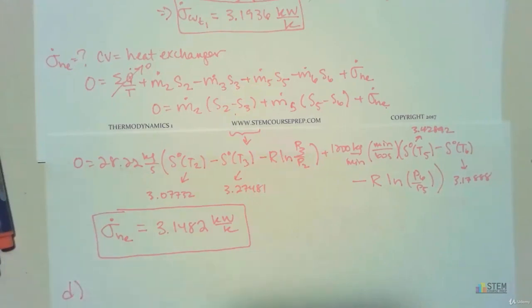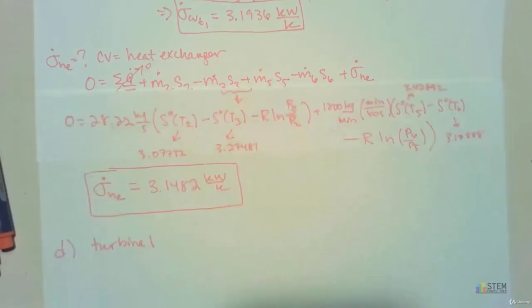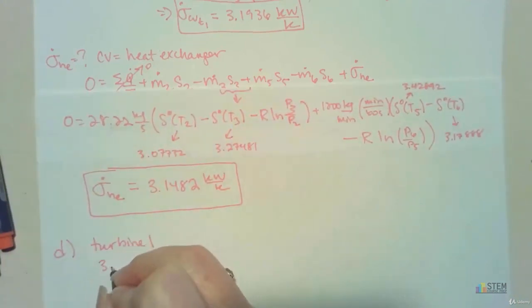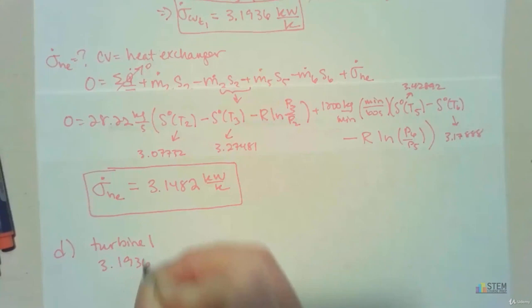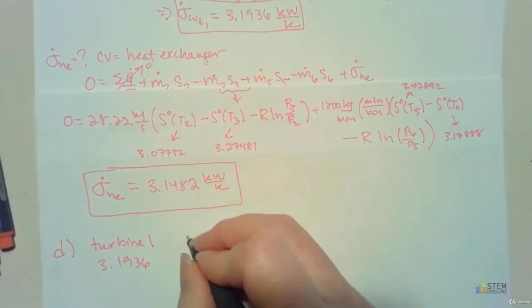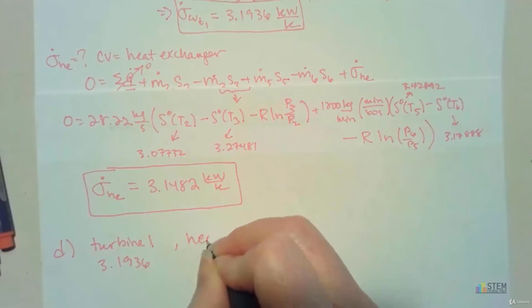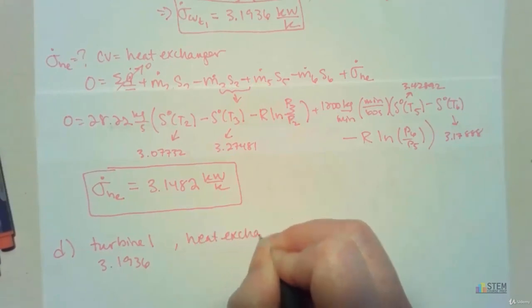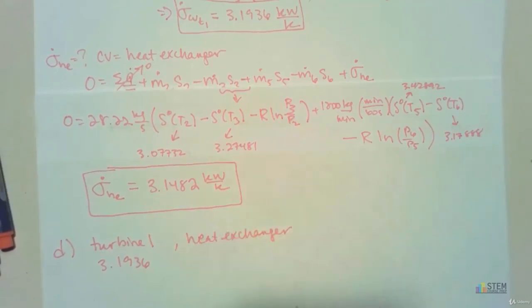So if we rank them in order of inefficiency, we're going to have turbine 1, which we got 3.1936. So this means, well, actually, let's write out the rest first, and then I'll talk about it. That'll make more sense. For our heat exchanger, let's write out its rate of entropy production.